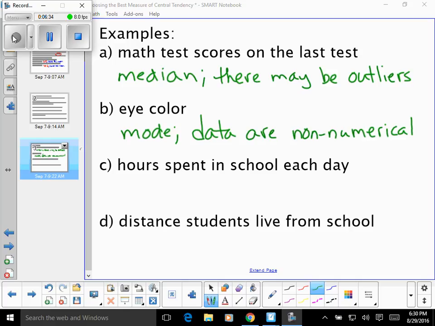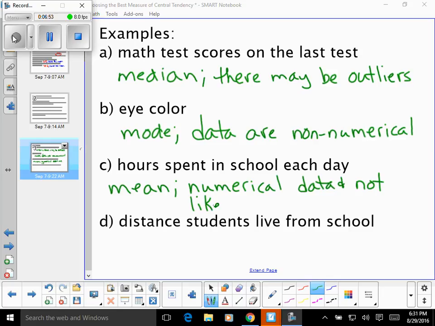So therefore, this is a good time to use the mean, because it's numerical data and not likely to have outliers.